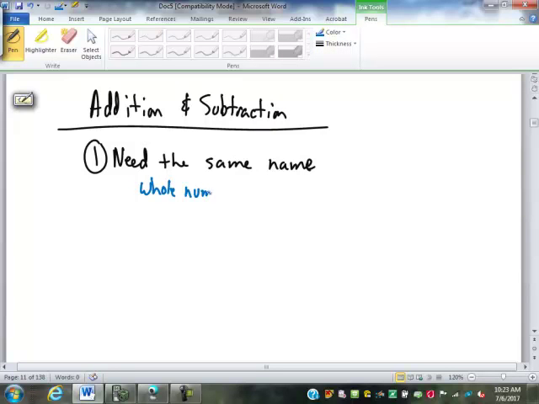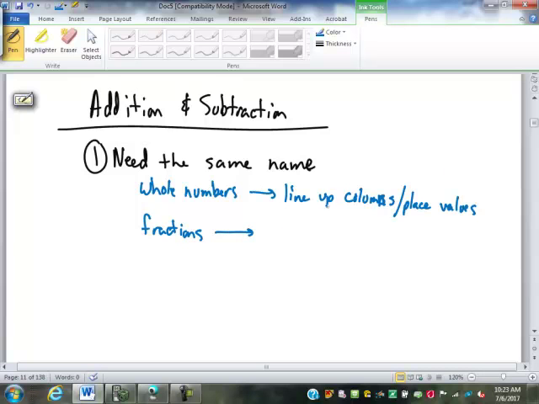For whole numbers, that means line up the columns, slash place values. You can only combine place values, the digits with the same place value. For fractions, what did that mean? Same thing. You had to have the common denominator, right?